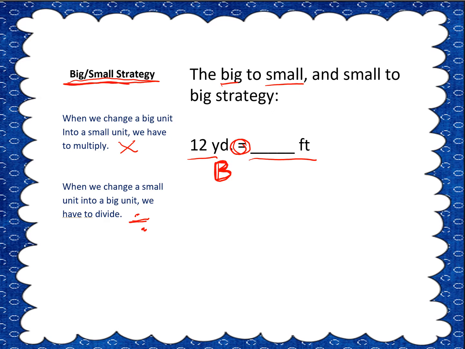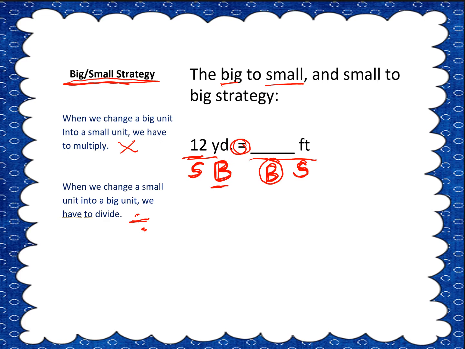So if yards are the big unit, then feet are my small unit. Well, I need a big and a small on both sides. So this side I have a big, so I still need a small. That means the number is a small number. Well, over here I'm looking for a B. I don't have a B, so this tells me that the number I'm looking for is a big number.